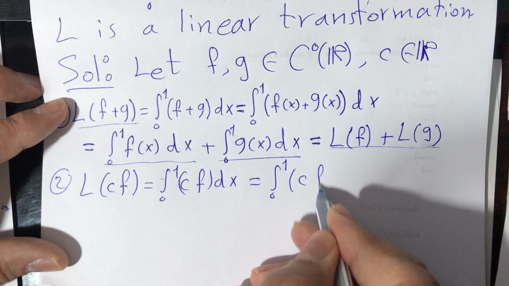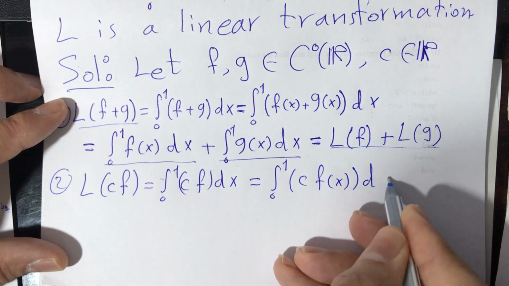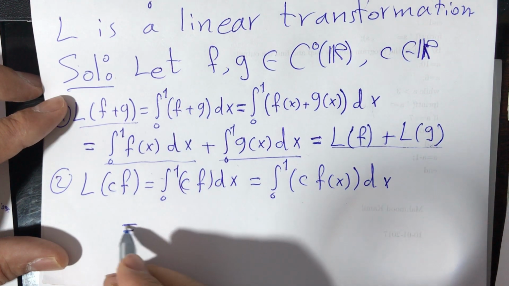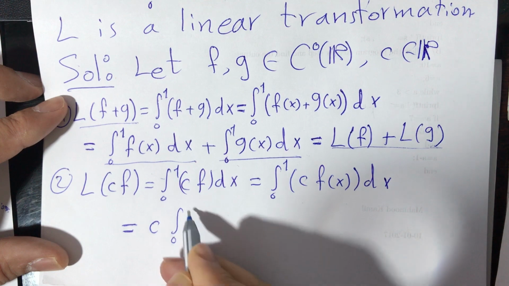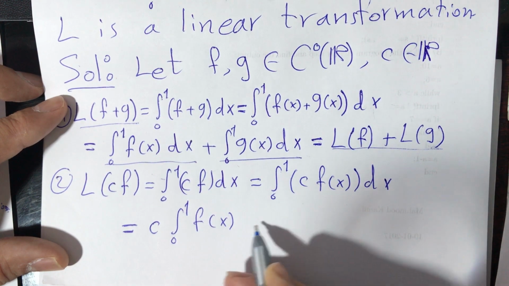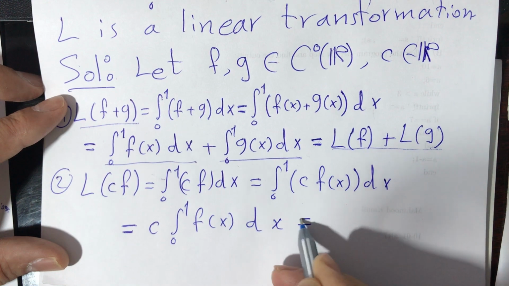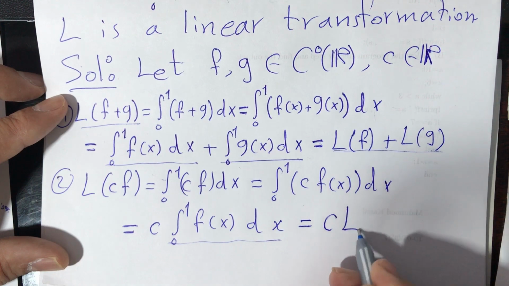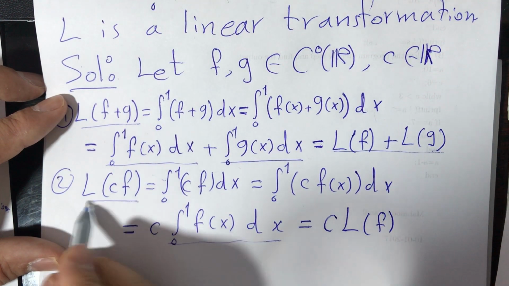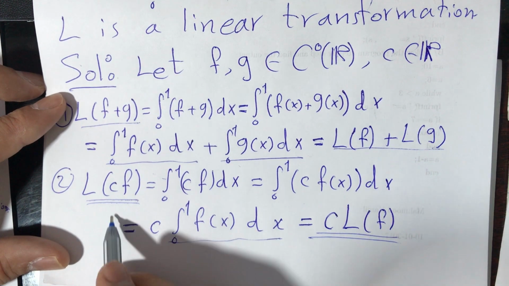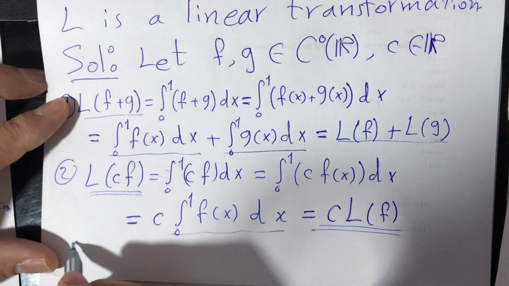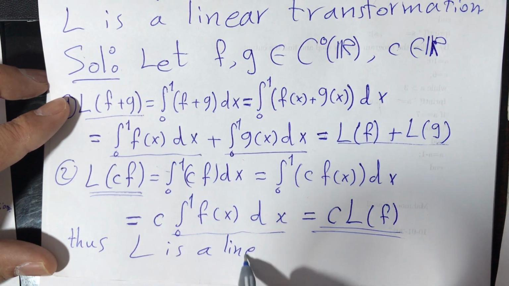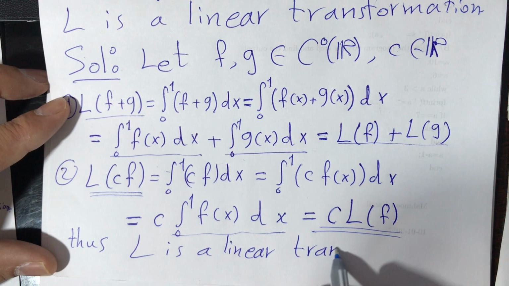This is equal to cf of x dx, and can move c out of the integral because this is a constant, c times the integral from 0 to 1 of f of x dx, and this is equal to c L of f. Exactly, this is the second condition. Thus L is a linear transformation.